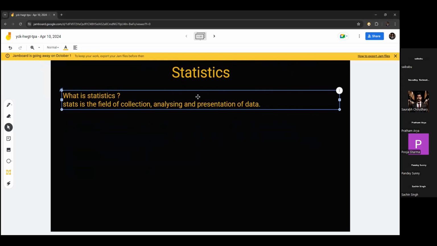Like you can say, to get more information about your table and data. Understanding your data with the help of numbers is statistics. We do some calculations, we get some output, and according to that we understand our data. So that is statistics.